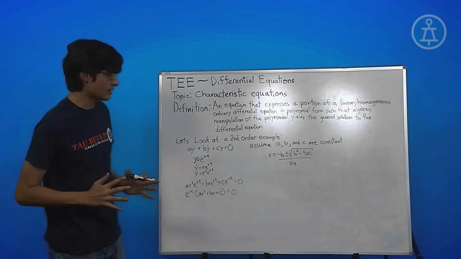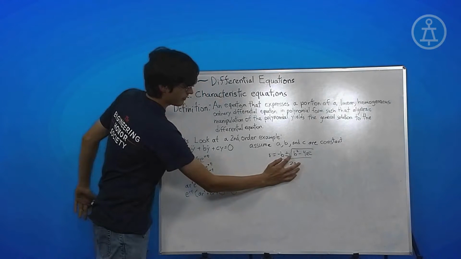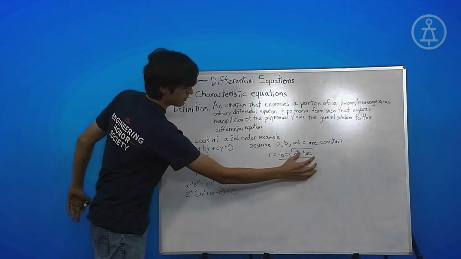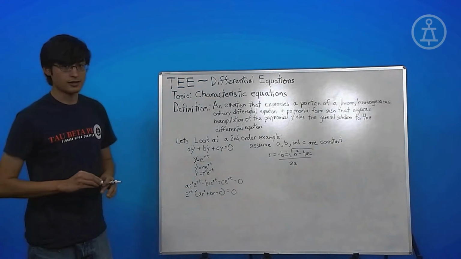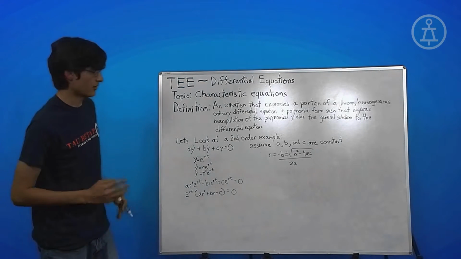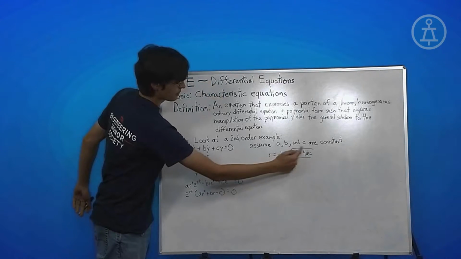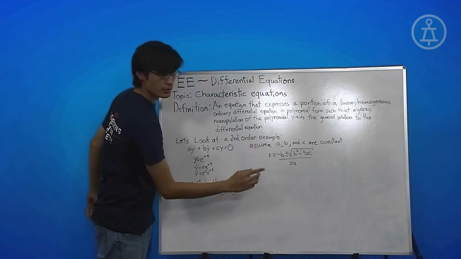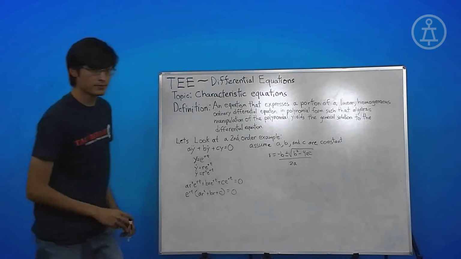But an important thing to note is this element, everything under the square root operation, b squared minus 4ac, will yield different solutions. So for our first case that we'll consider, we'll assume that everything under this square root is positive. So we'll get two real distinct roots out of this expression.